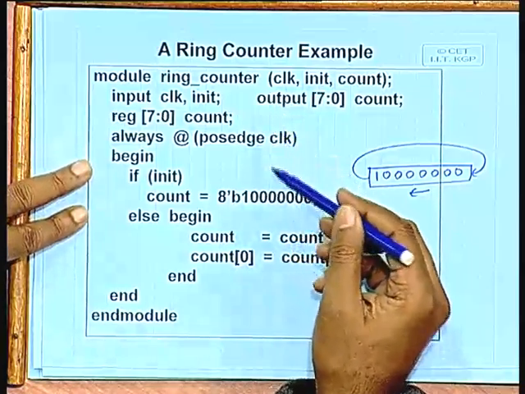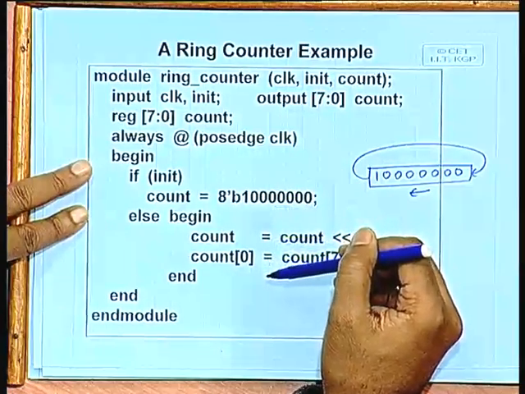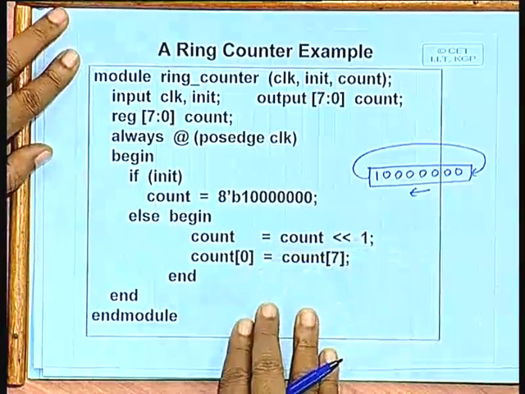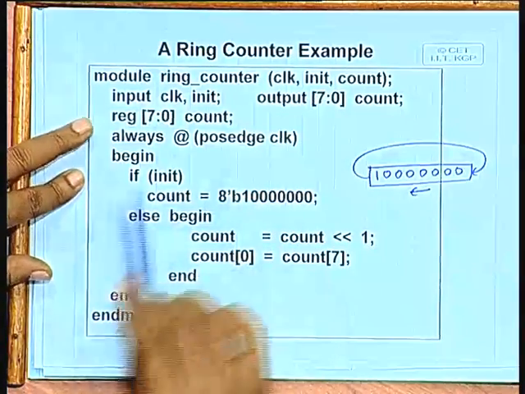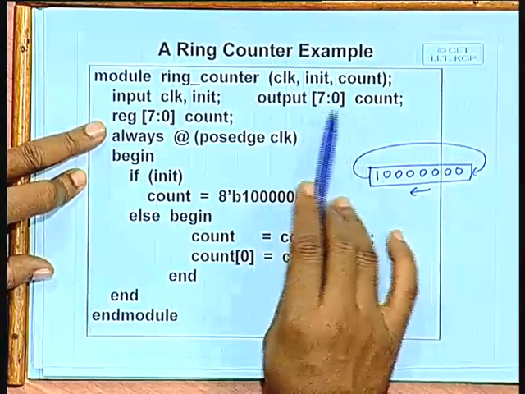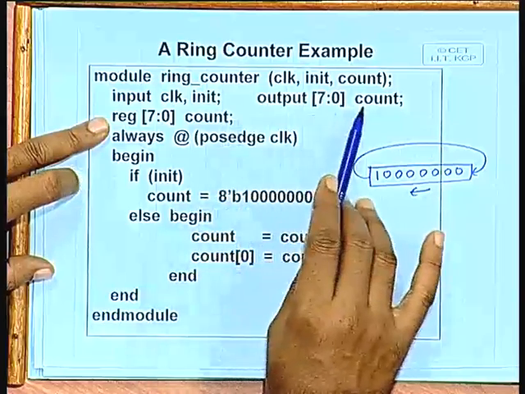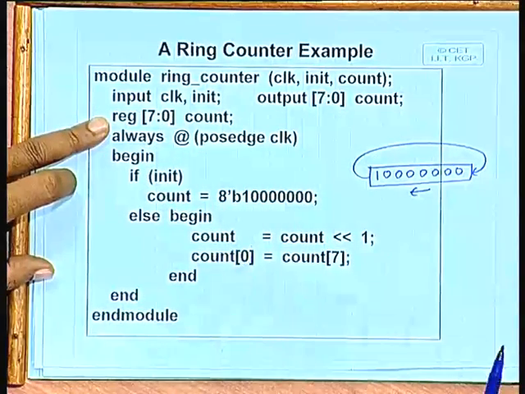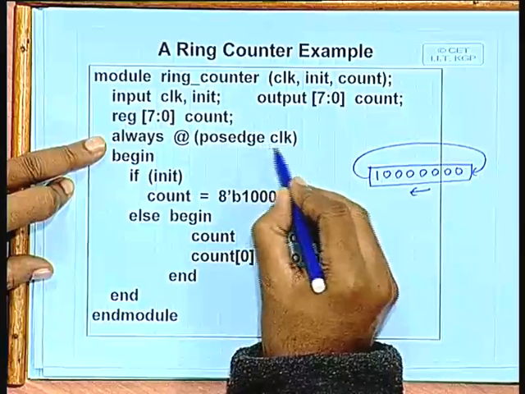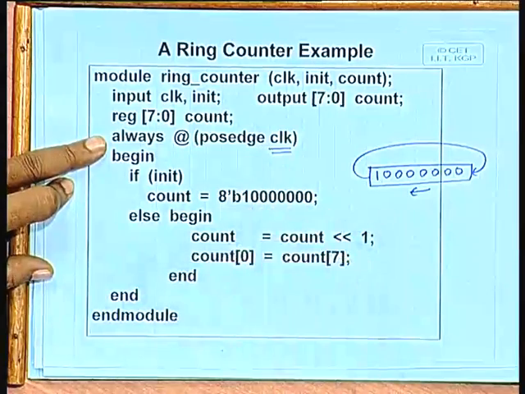This is one way in which I have coded this. Now, let us inspect and find out if this program is correct or wrong. Clock, init, count. This output is 8-bit count. I have declared it as reg because it appears on the left hand side. We are activating this block always at the positive edge.